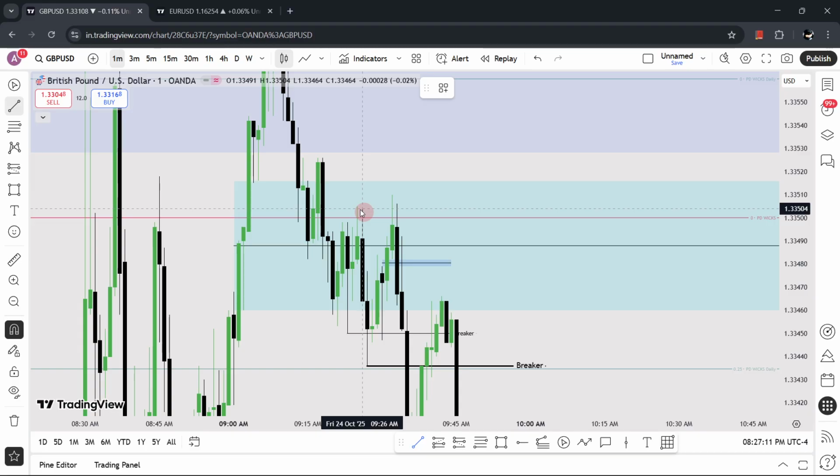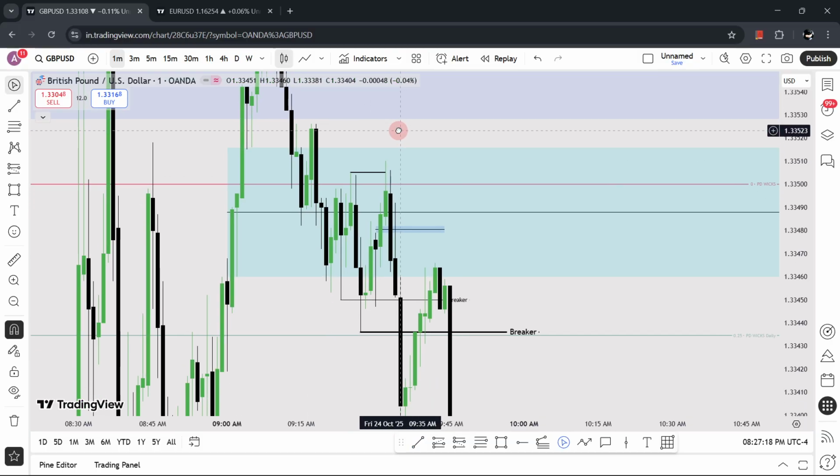So you can see that we have some buy sides up there, buy sides taken, it went lower, and what is this? These two green candles can be considered as an order block.